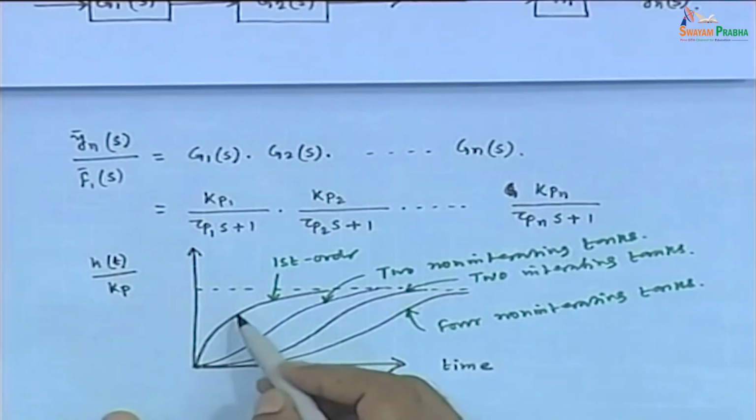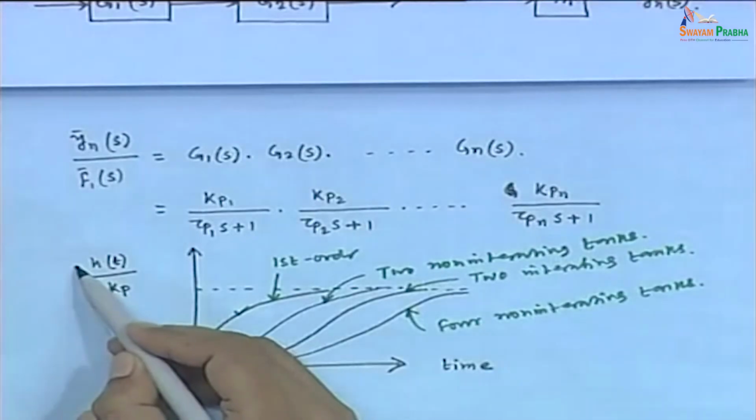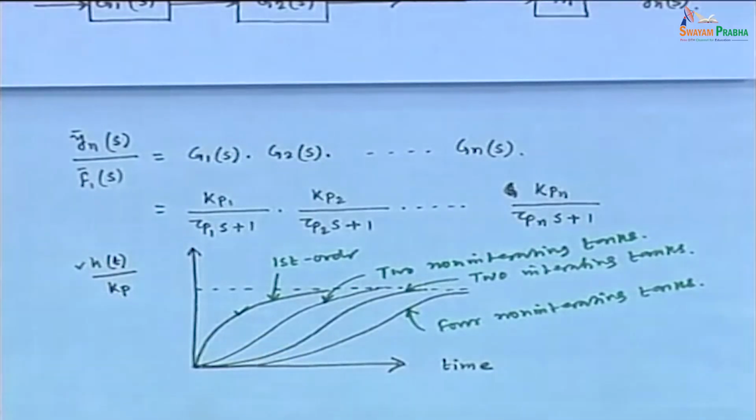Fine. If we consider a single liquid tank system, then we get this type of behavior. For 2 non-interacting, 2 interacting and 4 non-interacting tank systems, we obtain S-shaped behavior. As I mentioned in the last class, this H represents the height of first tank for single tank system.